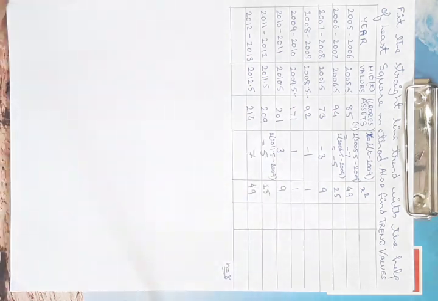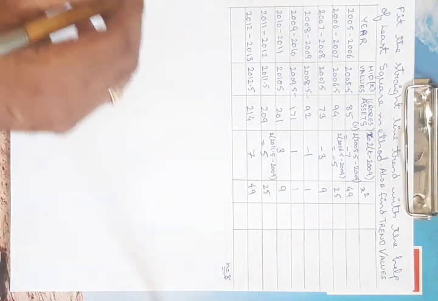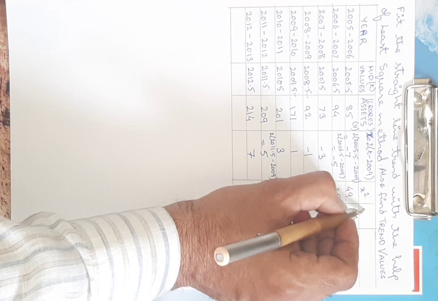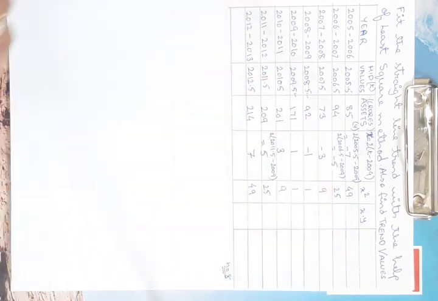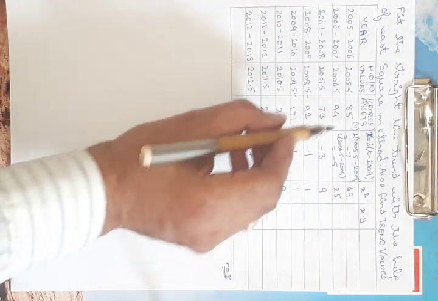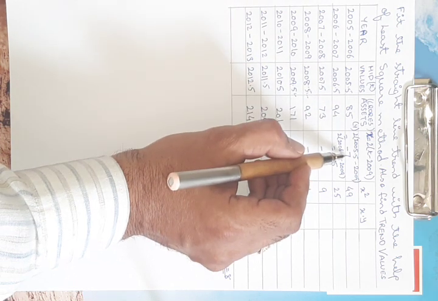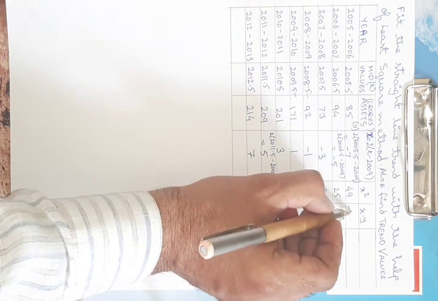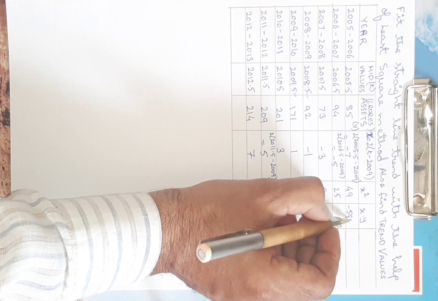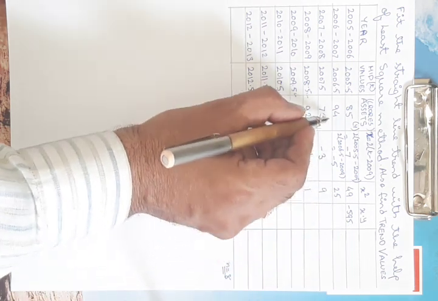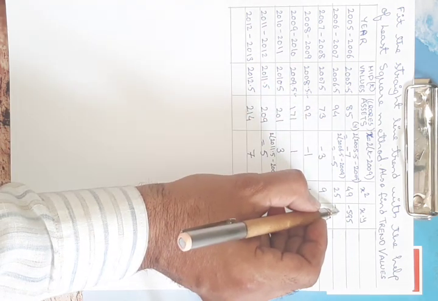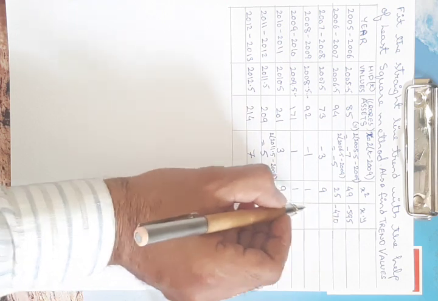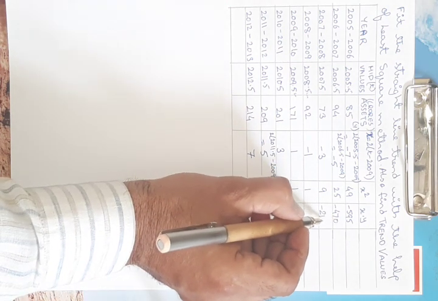Similarly, we are going to calculate the values of x into y. This is minus 85 multiplied by minus 7, which comes out to be minus 595. Next is minus 5 into 94, which is minus 470. Next value is minus 219.